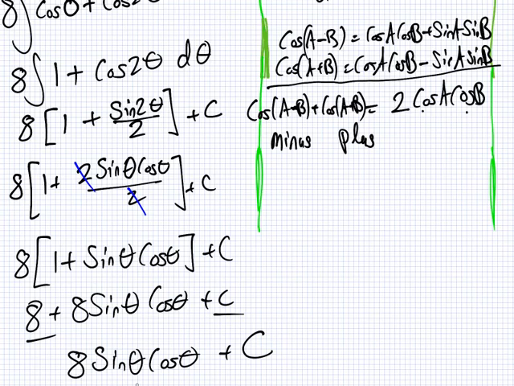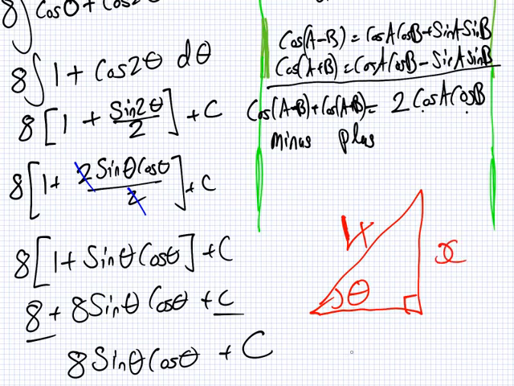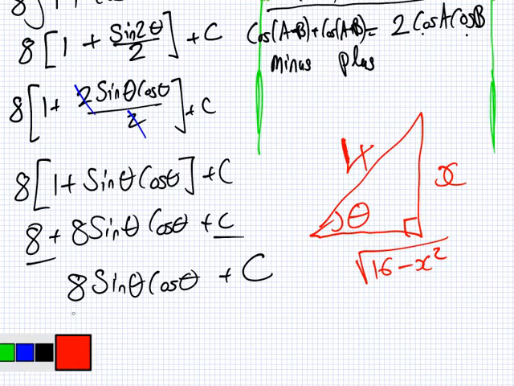But at least it's a little bit easier to finish now, because if I go back to my triangle, this was theta. How big was this side? 4. This side? X. And this side? Square root 16 minus x squared. So what is the sine of theta here? X over 4.